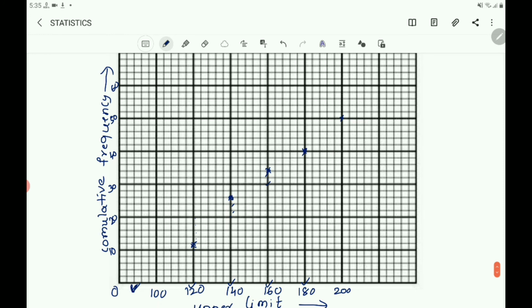Then you join them with a smooth curve. So this is the less than type ogive.